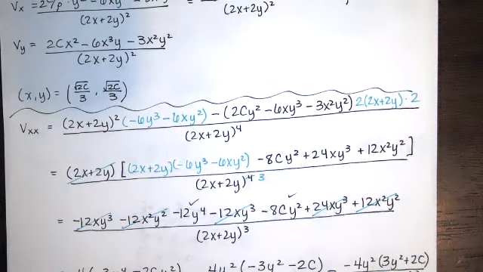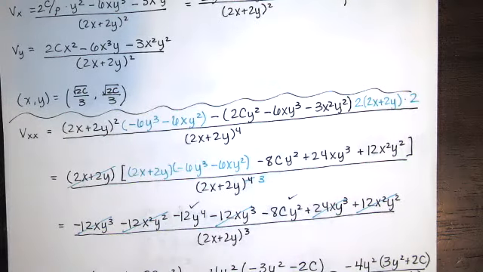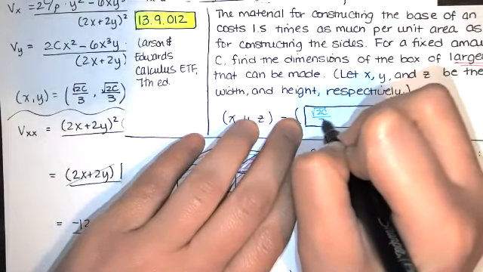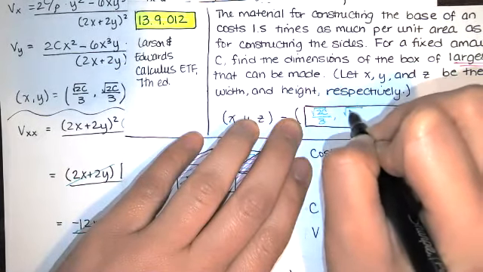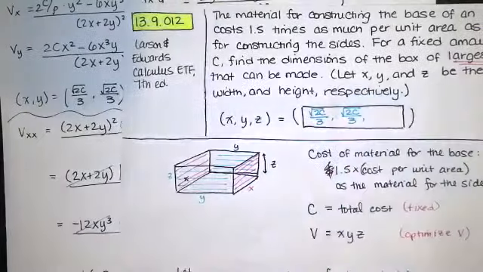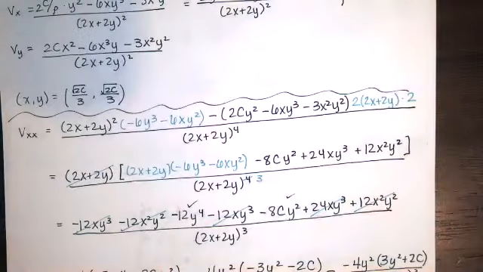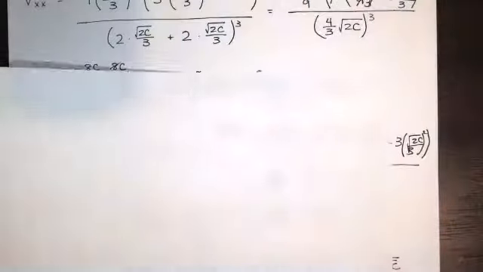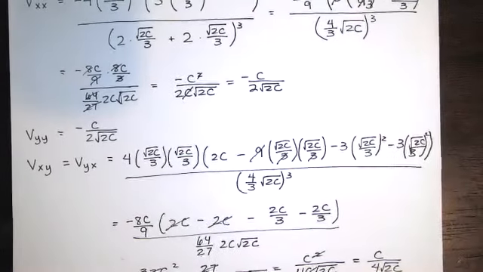It's been a little while since I found the Z value that went with that, but X is equal to square root of 2C over 3, and Y is equal to square root of 2C over 3. Now I'm going to try to find the Z value in all the work that we just did. I tend to stick these in the recycling pile pretty quickly.